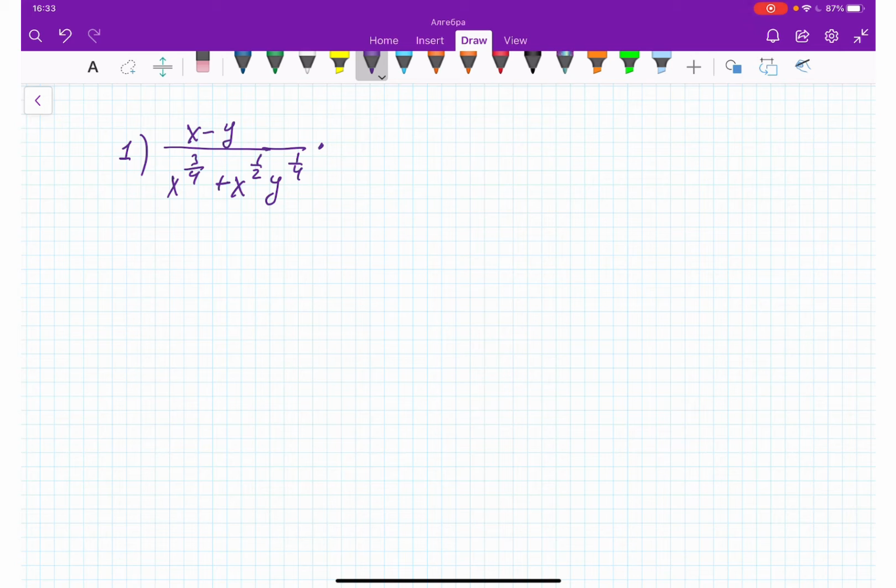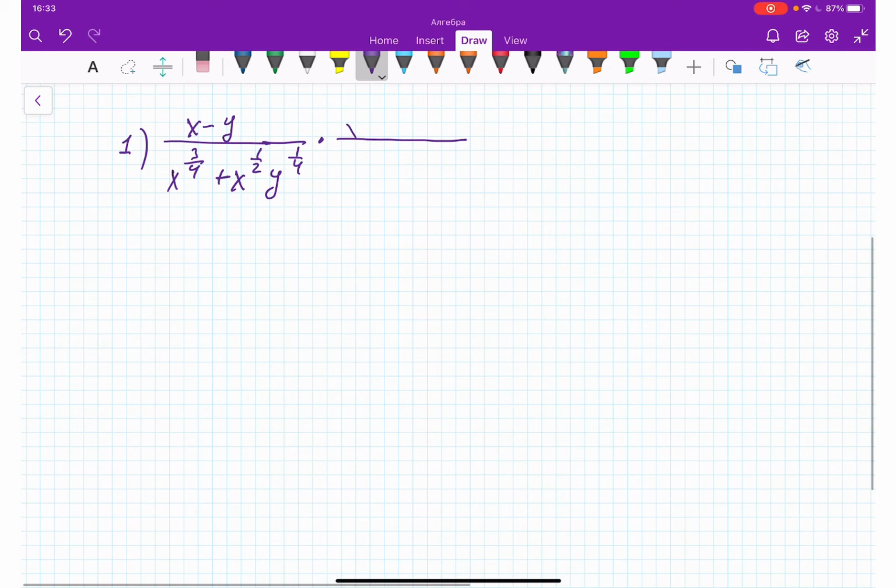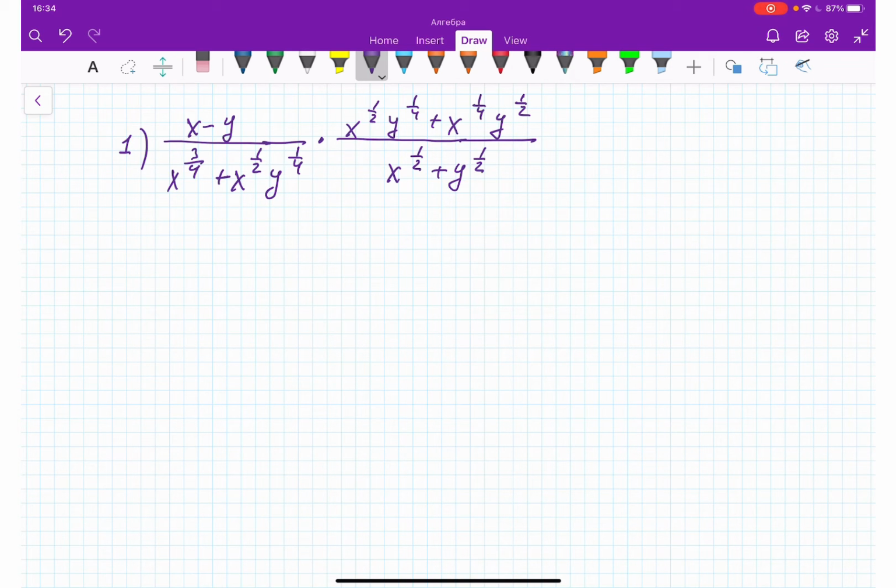Next, multiply by (x to power 1/2 times y to power 1/4 plus x to power 1/4 times y to power 1/2), and in the denominator, (x to power 1/2 plus y to power 1/2) times x to power 1/4 times y to power negative 1/4.